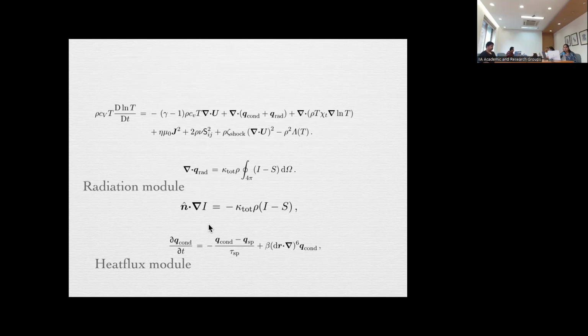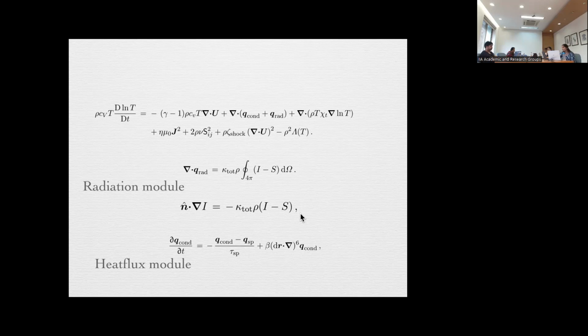And in the radiation module, we are basically solving for this detailed radiation transport, where this is the opacity, and you can have your own recipe for opacity. So we use local thermodynamic equilibrium, Saha ionization, and this kappa is just the Rosseland mean opacity in a gray atmosphere, but you can code in a more sophisticated way.